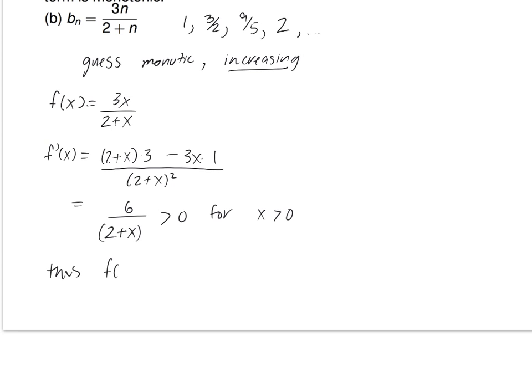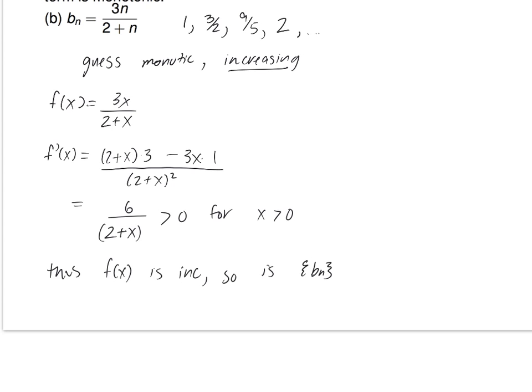So thus f of x is increasing, so is this little thing called Bn. Does that make sense? Yeah? Okay. So if you want to show something is increasing, you can use a list to get an intuition, use the derivative, and then figure out from there what's happening.